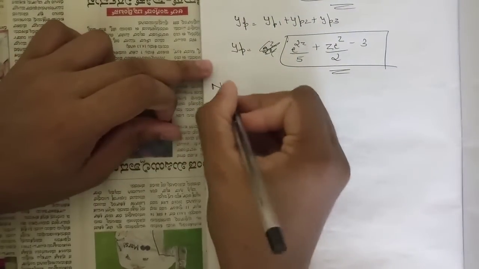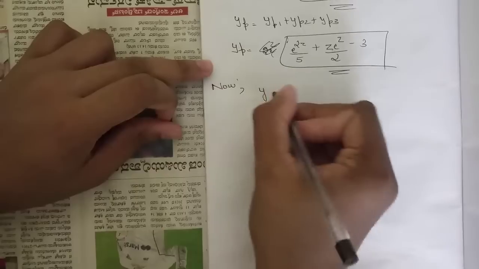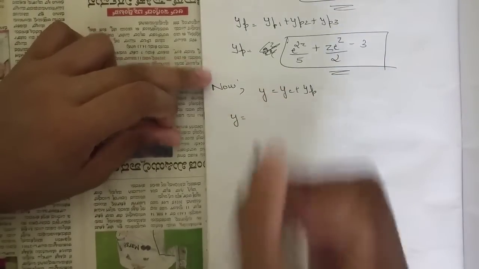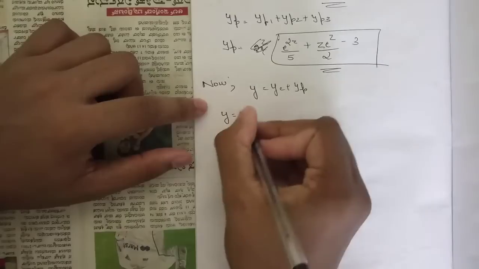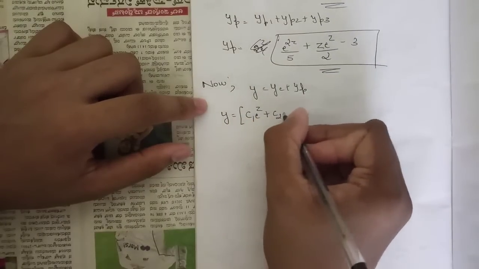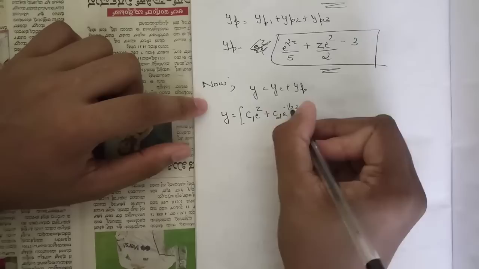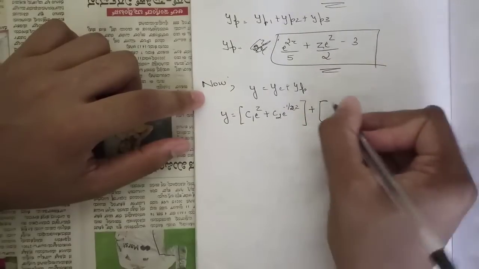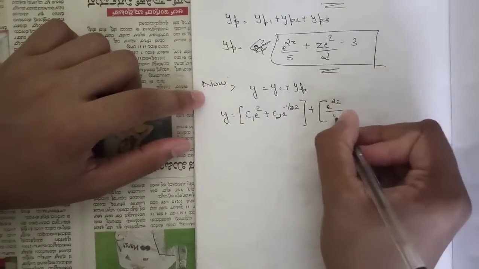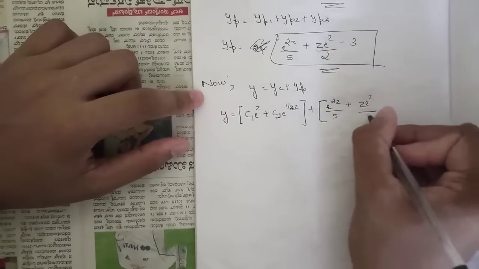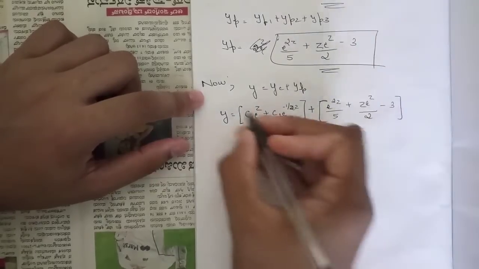Okay, so now we will write our y term, that is yc plus yp, where we got yc as c1 e power z plus c2 e to the power minus 1 by 2 z, right? Plus the particular integral we got as e power 2z by 5 plus z e power z by 2 minus 3.